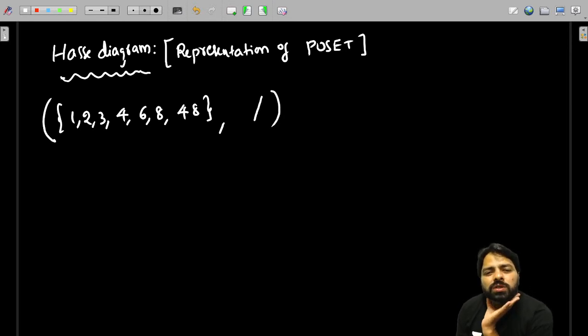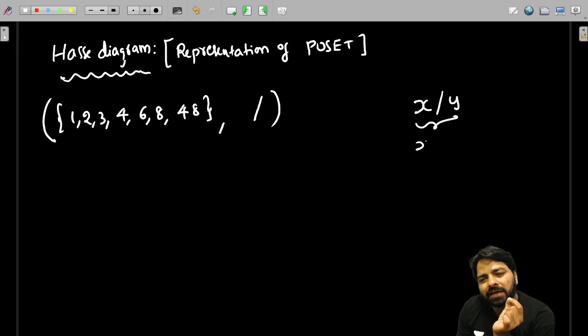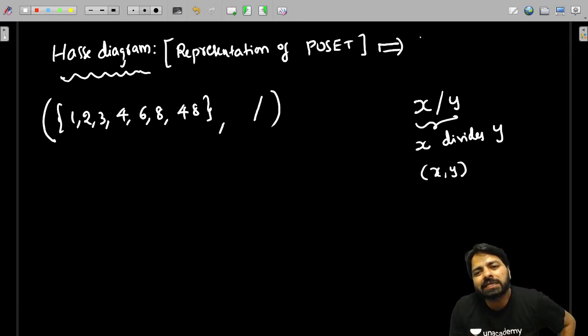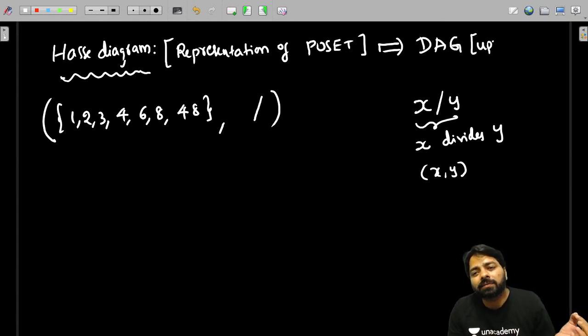So they are going to give you one thing, what the order is. Suppose somebody writes x|y, it means x divides y. And what is this Hasse diagram? A Hasse diagram is nothing but a DAG, a directed acyclic graph, but it is an upward arrow diagram.